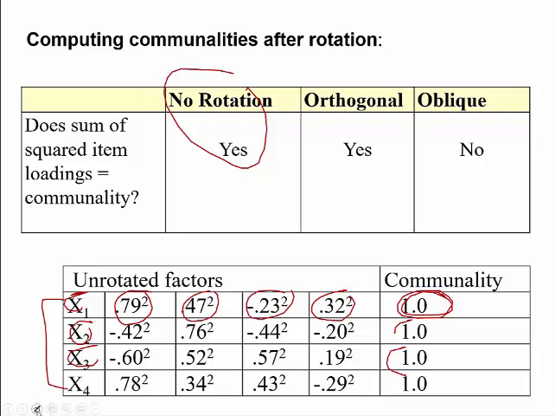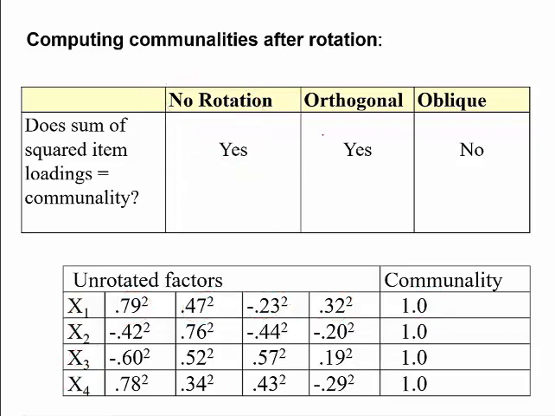And that will still be true if I did orthogonal rotation. So with both no rotation and orthogonal rotation, I can still sum across my squared factor loadings for an item and get a communality. And if I extract the maximum number of factors or components, my communality will be 1.